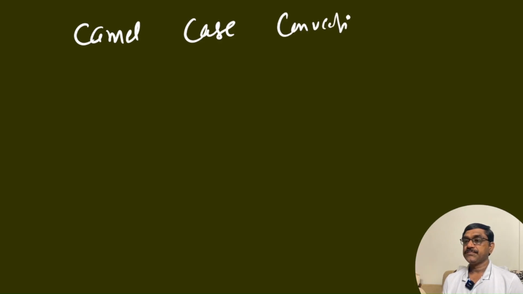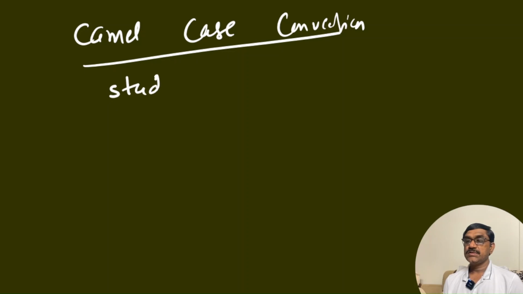Now we will discuss what we mean by the camel case convention. Here, I want to represent the multi-word variable student name. How to represent student name? In this case, you write the first word like this, student, and the next word, name.